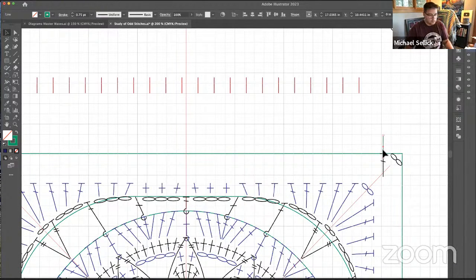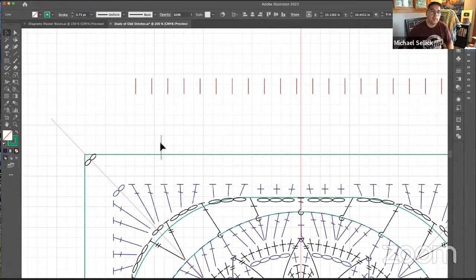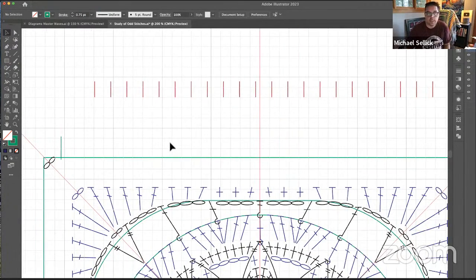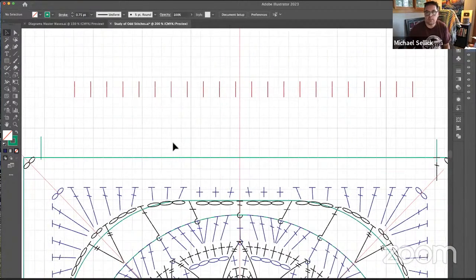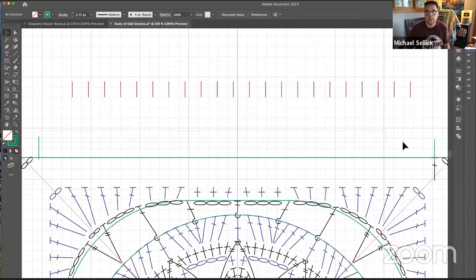So I did a first section of it, which turned out okay. Just hang on a second, 22 plus 4, 26 stitches. So the study of texture was actually the very first major texture thing that I did.